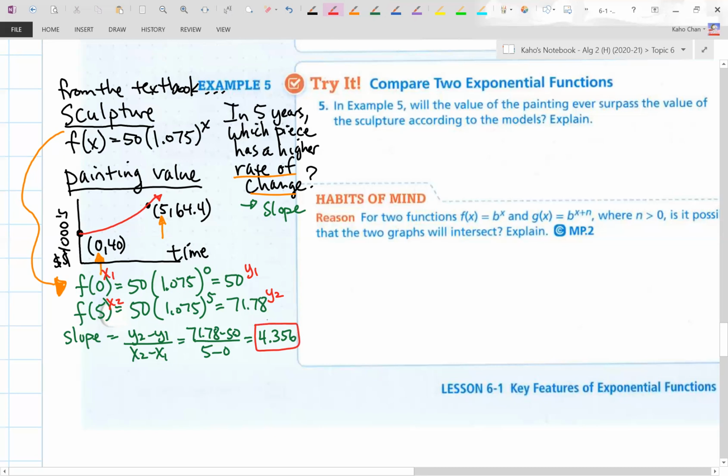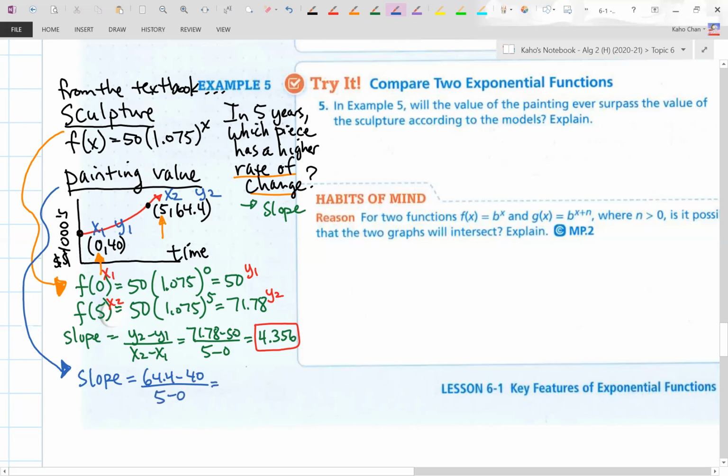Let's look at the painting value's slope. Okay, here we go. The coordinate points are already there, so that's cool. So this equals, and I'll do this, x1, y1, x2, y2, and put it into that formula right there. 64.4 minus 40 divided by 5 minus 0.